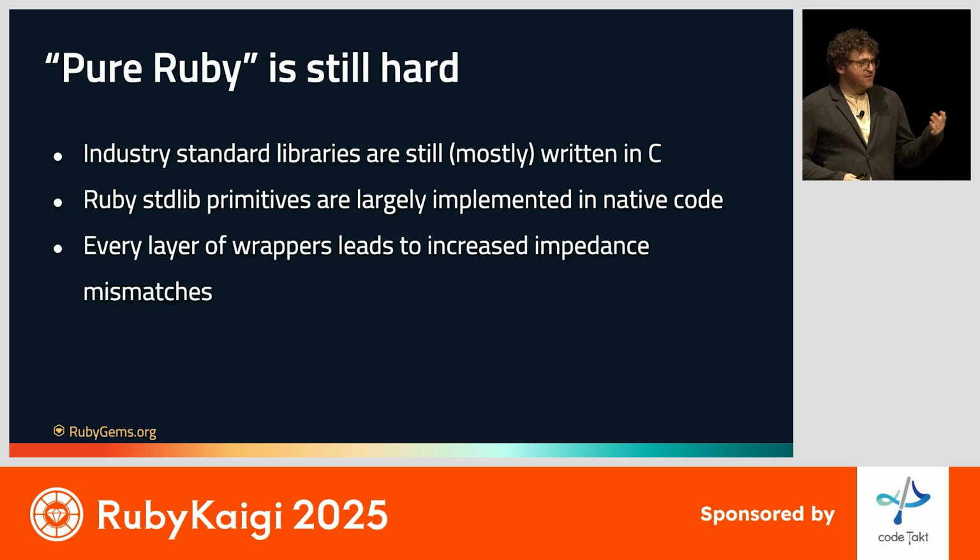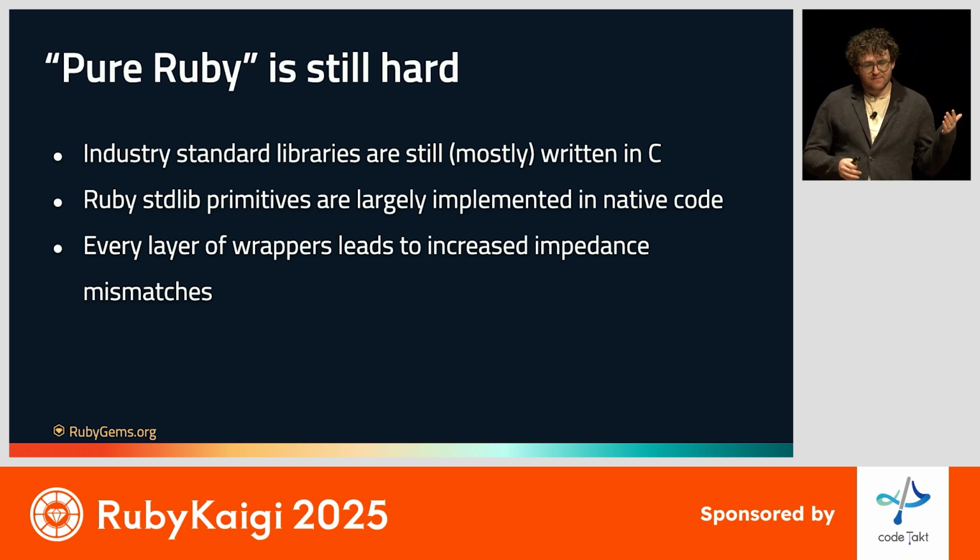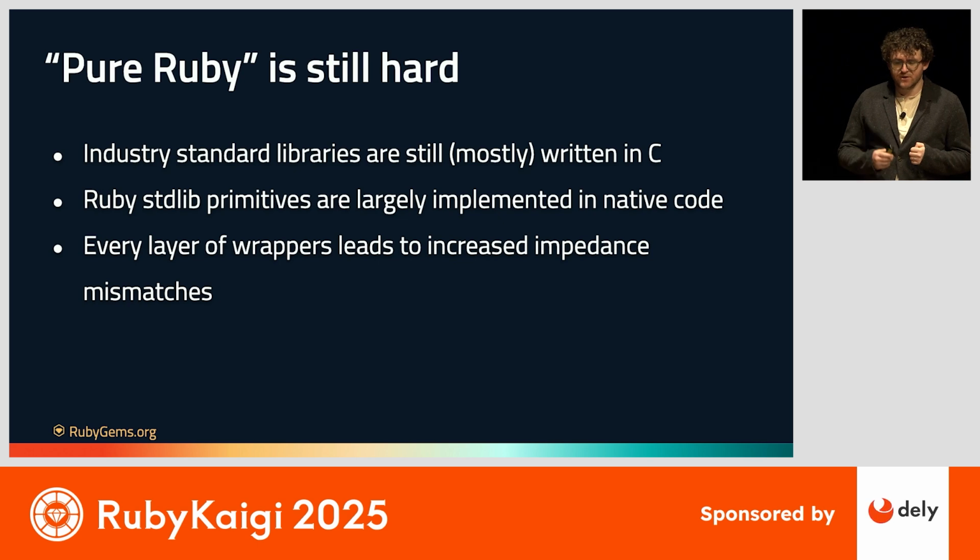And every layer of wrappers that we deal with leads to an increased impedance mismatch. Trying to write code that digs through like 6 layers of wrapper code means it's hard to sometimes do exactly what you need to do.